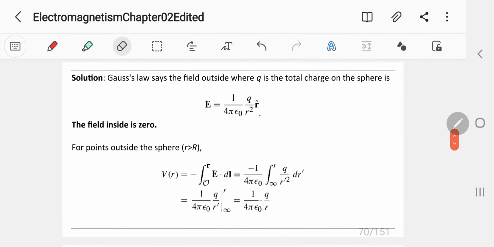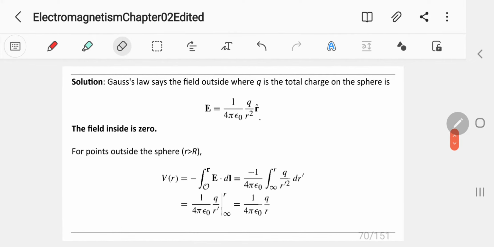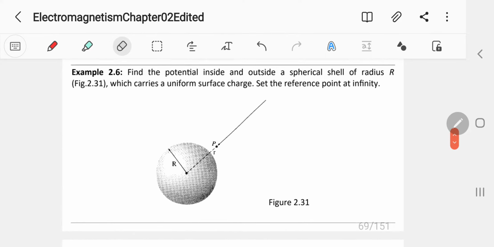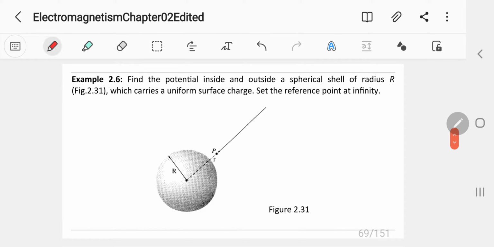So Gauss law says that the electric field coming from a sphere is radial in direction. So the direction of the electric field would be here.